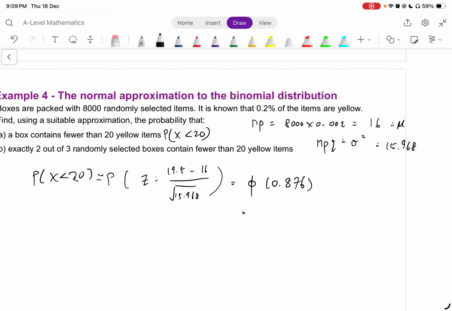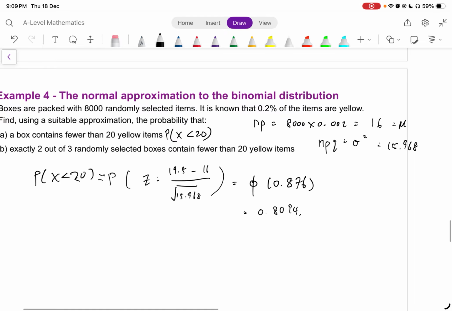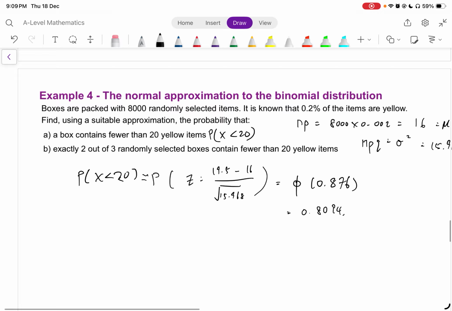So according to our z table, we get 0.8094. Now, what is the second question? Exactly 2 out of 3 randomly selected boxes contain fewer than 20 yellow items. So that means the chance that 2 out of these 3 happen, what is the probability?